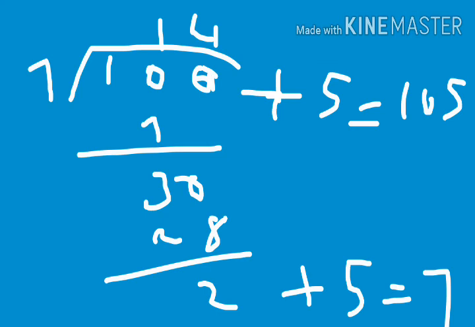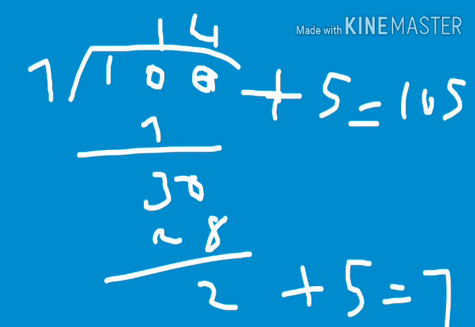For getting that, we should divide 100 by 7. When we do the division 100 by 7, we got the quotient as 14 and the remainder as 2. So for getting the first number, we check how much we need to add to get 7.